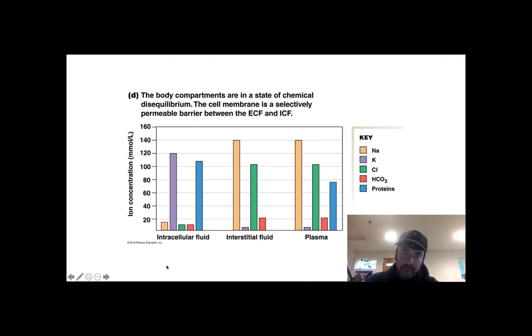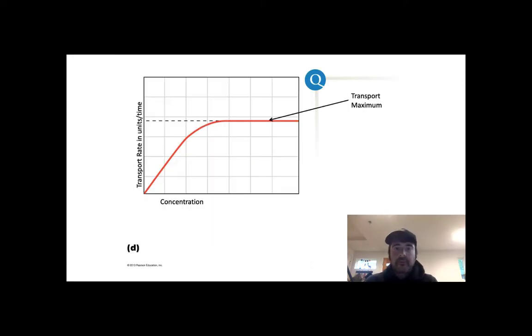So there we go. That makes a lot more sense why you get this ionic disequilibrium. And notice that, across the board, potassium is really the only solute that has a higher concentration in the cell than out of the cell that we care about for this class with respect to our inorganic ions.